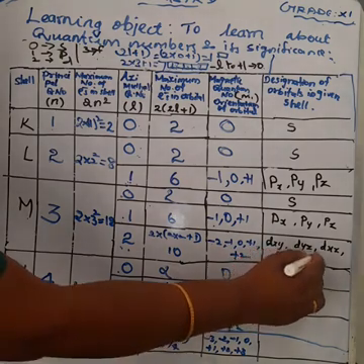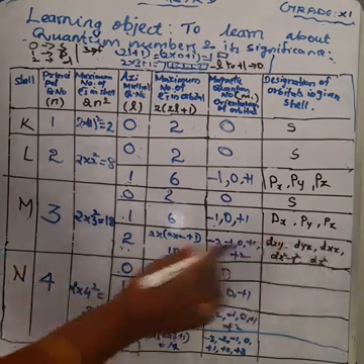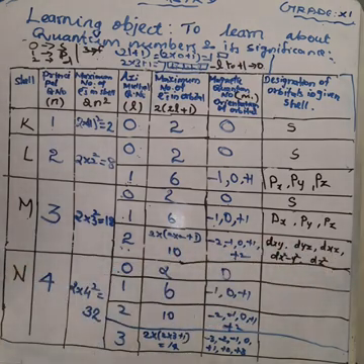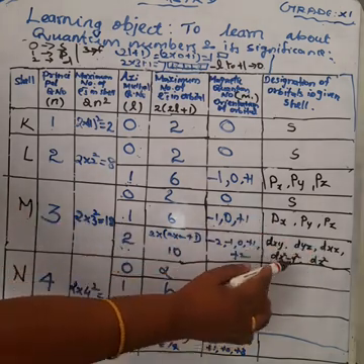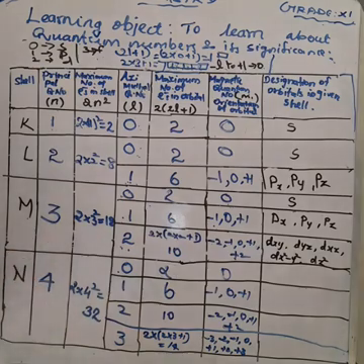These are the orientations of the d orbital.